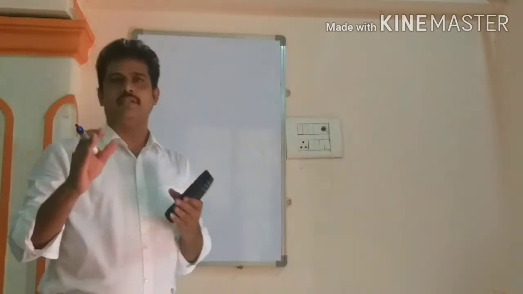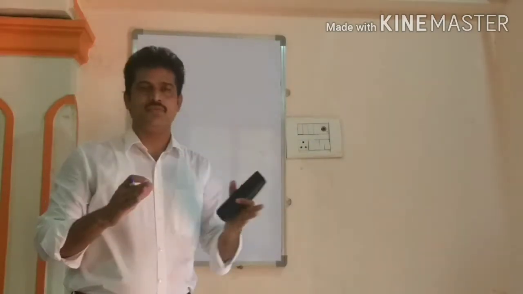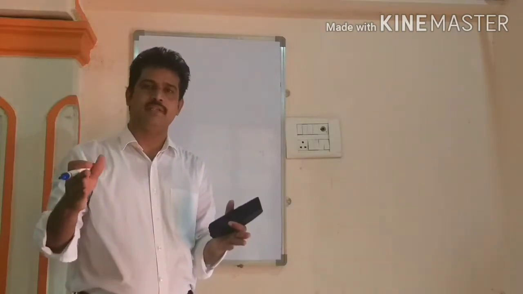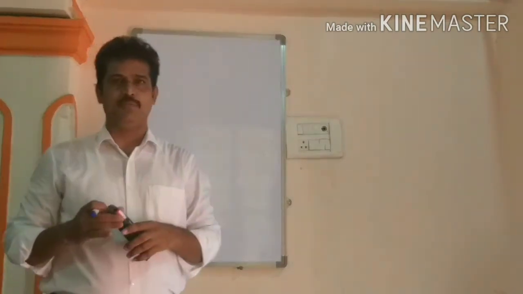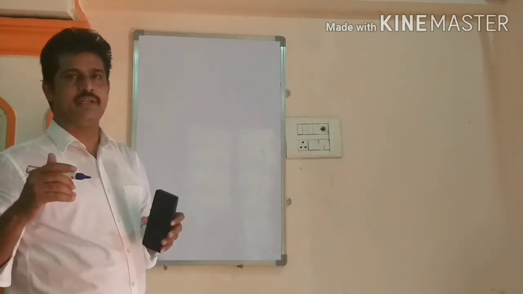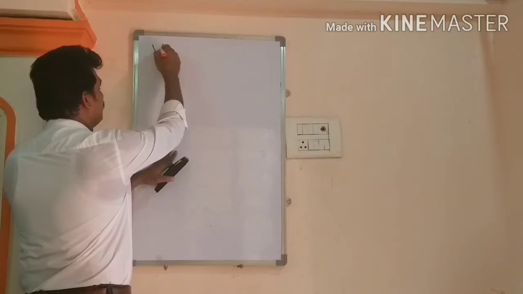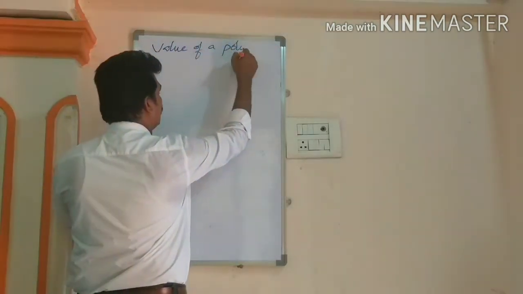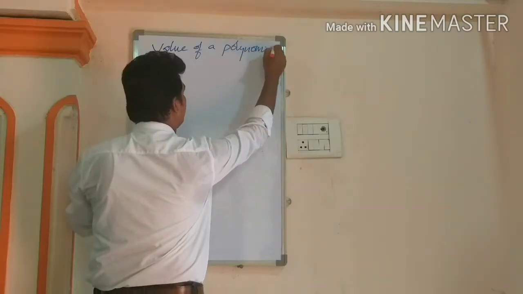So far we have learnt in the previous two videos what a polynomial is, and the second concept is the degree of a polynomial. Now let us move on to the next concept, value of a polynomial. What is the value of a polynomial?